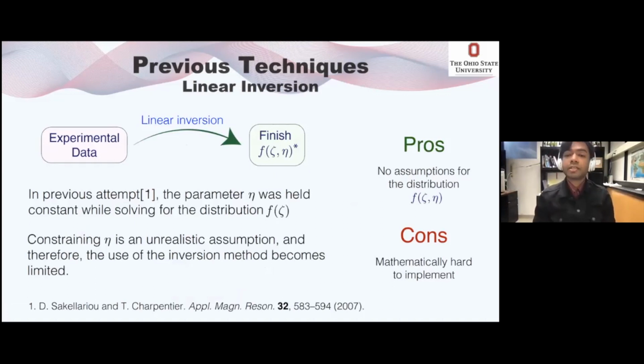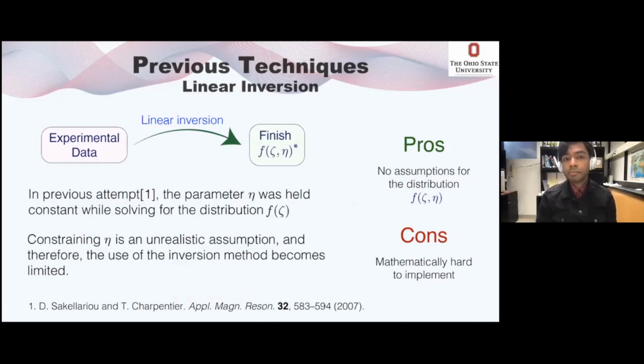The advantage here is that you have no assumption of the probability distribution, and it just comes out of the mathematical inversion. But the disadvantage here is in the implementation of this problem. It's harder to invert a spectrum into this kind of probability distribution.